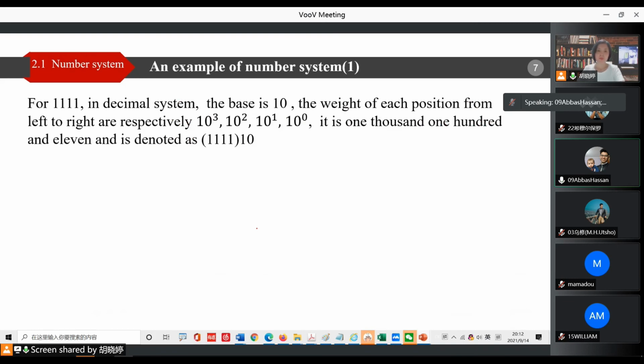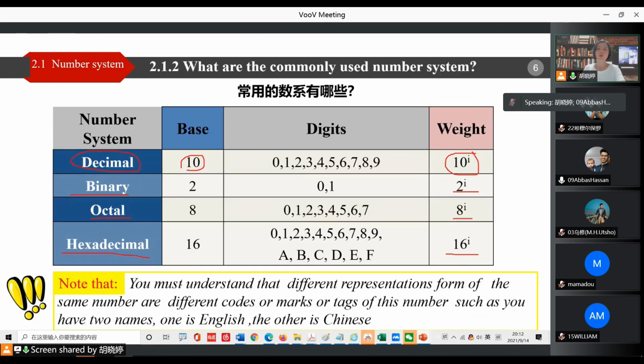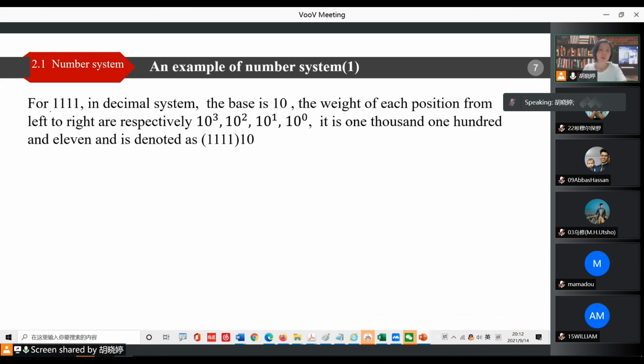Here you will see different representation forms, different codes or marks, for the same number. For example, take the form 1111.